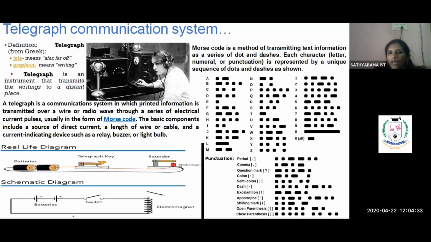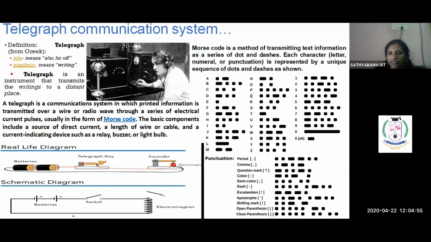Every alphabet, every numeral and every punctuation mark we use is represented by dots and dashes. That is Morse code. Morse code is a method of transmitting signs by means of a series of dots and dashes.